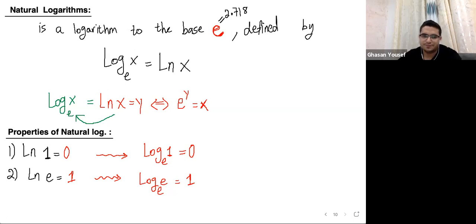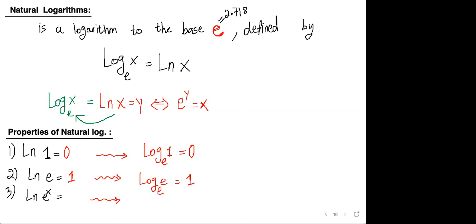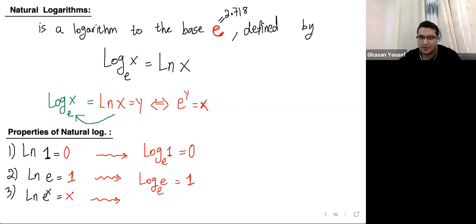Number 3: what's ln of e to the power x? That would be x. Exactly, because ln of e to the power x is log e to the power x with base e. We have the same base e and this raised to the power x, so this is equal to x.